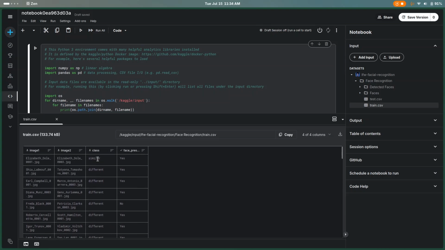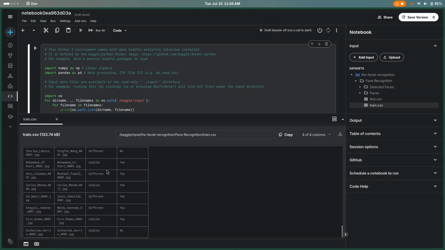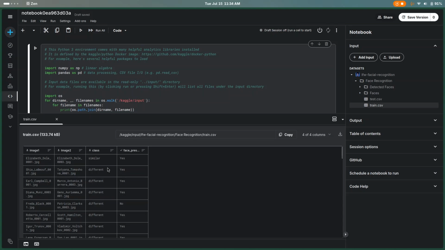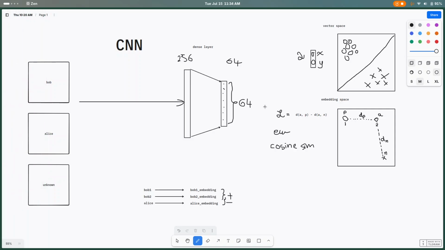It gives you two faces and you tell it whether these two faces are different or not, or similar. And there are a lot of faces. So we don't really know the number of faces at all, but we do have a way of calculating the difference no matter what. As long as we have two same faces and one different, we can go through all of them and do each one as its own class or loss function.